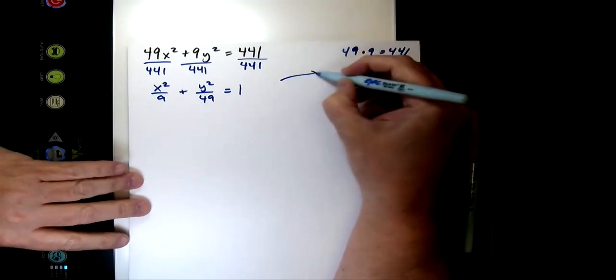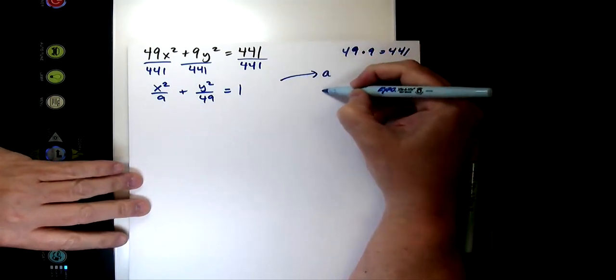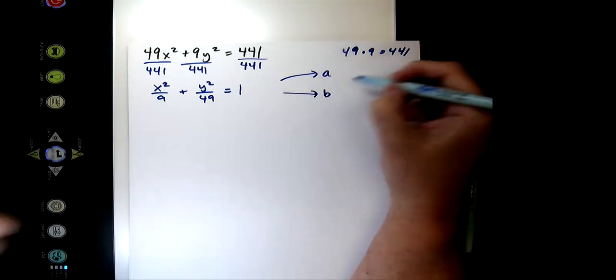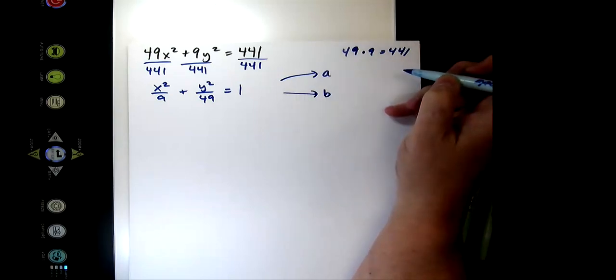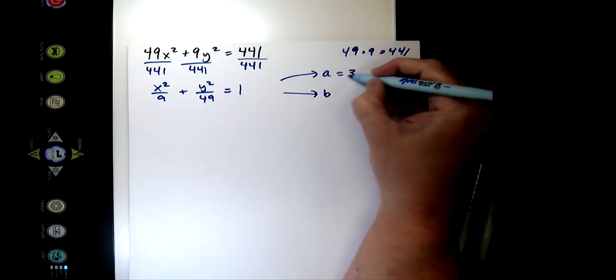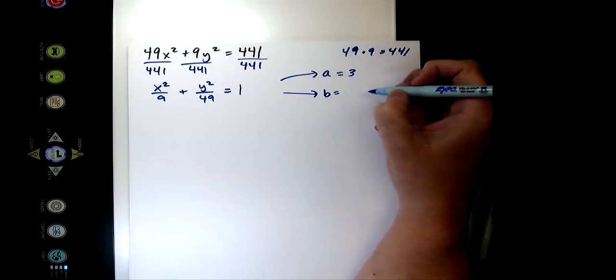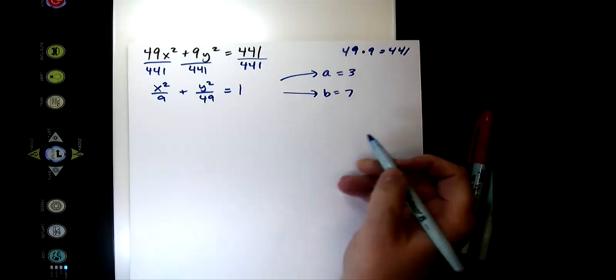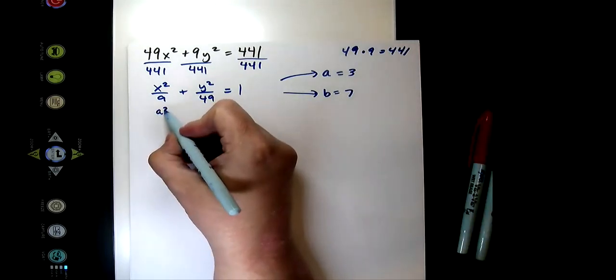So what does that tell me about a and b? a is what? a is 3 and b is 7. Remember, this is a squared, b squared.